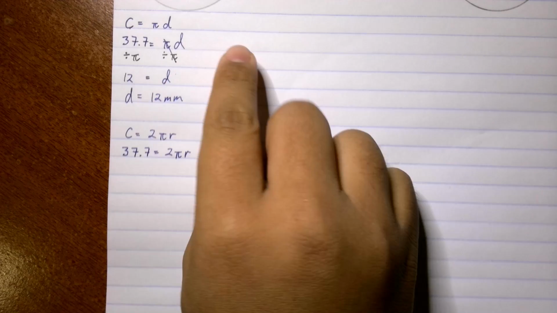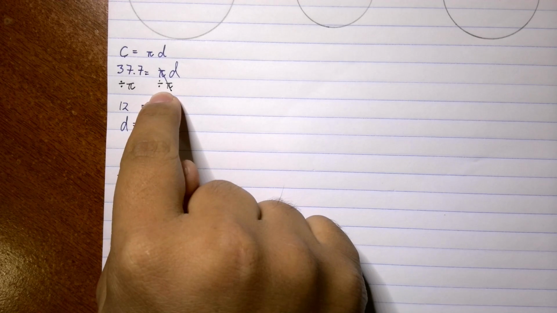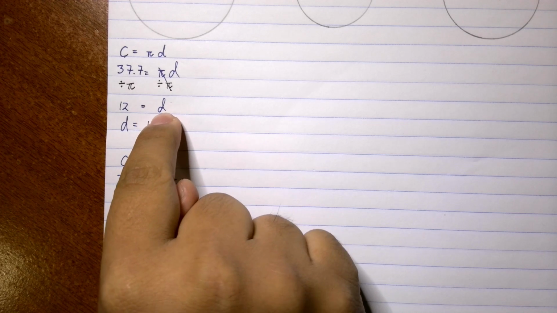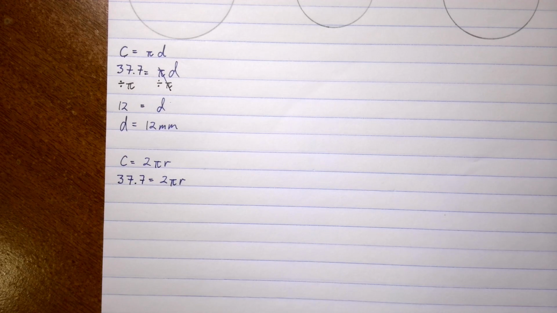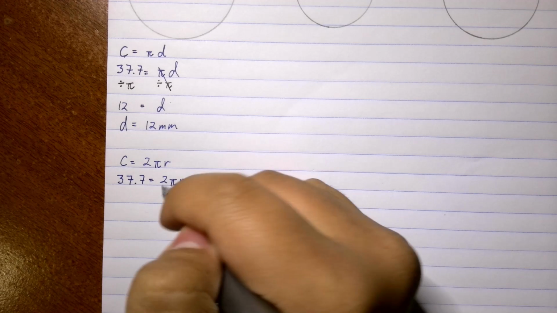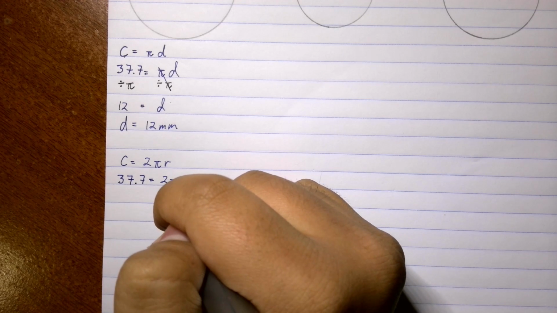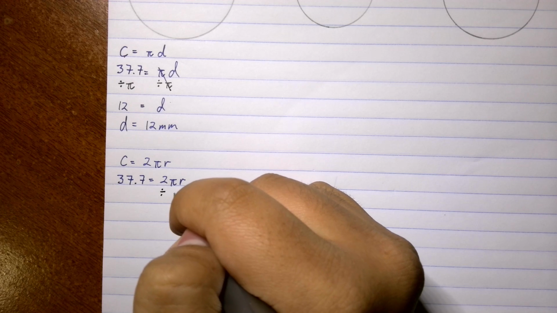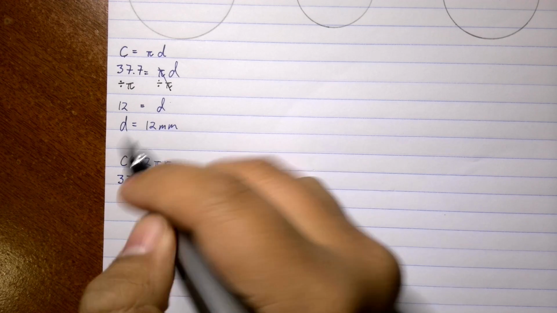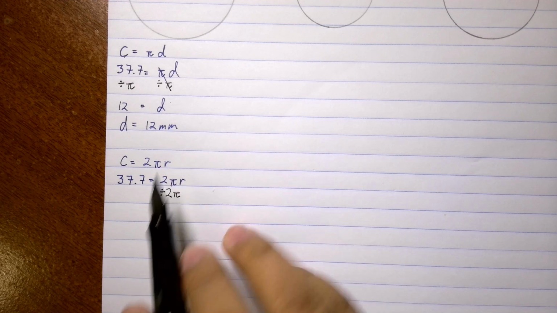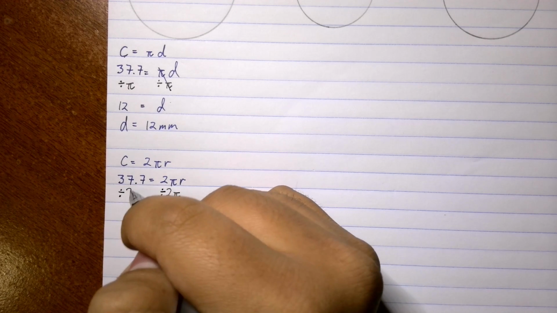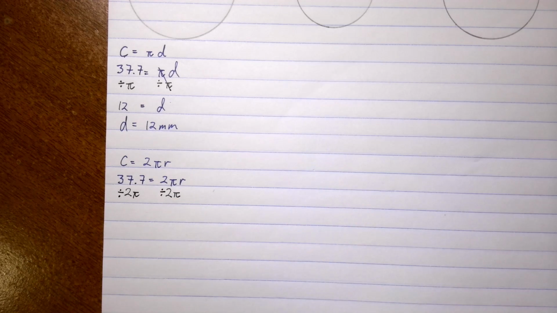Similarly now, just as we divided by pi here in order to have d by itself, in this equation we want to make r by itself. So how we do that is we divide out not just pi, but 2 pi. And since we divide by that value on the right hand side, we're going to divide also by 2 pi on the left hand side.